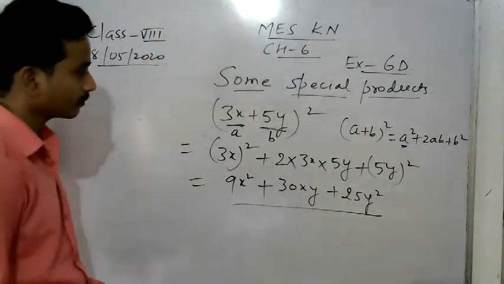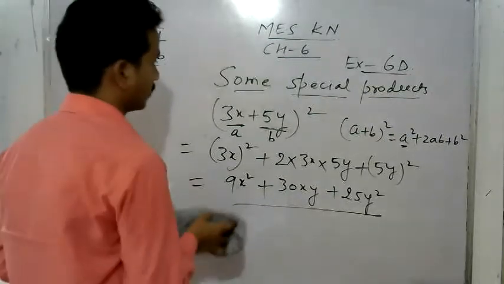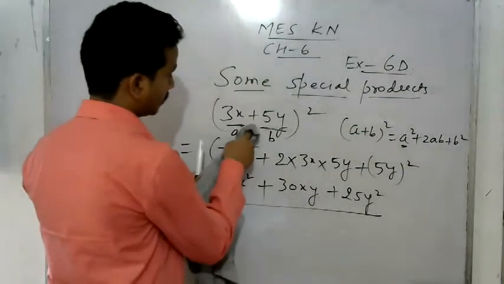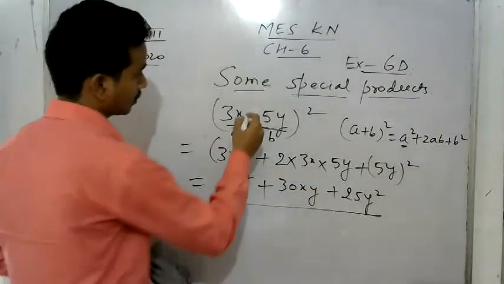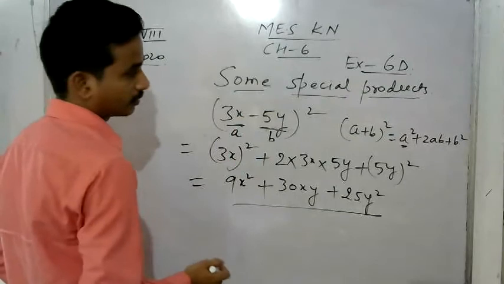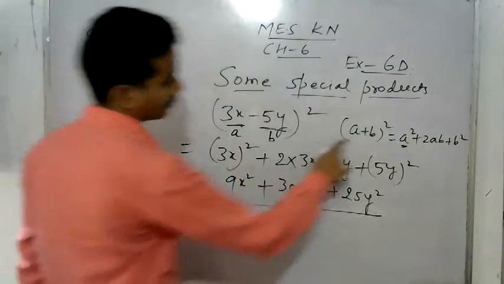In the same way, suppose there was a minus sign here. Suppose the problem was (3x minus 5y) whole square. Then you have to apply the formula of (a minus b) whole square.